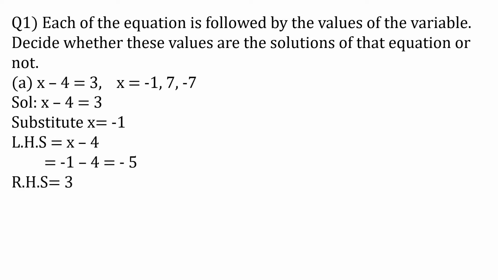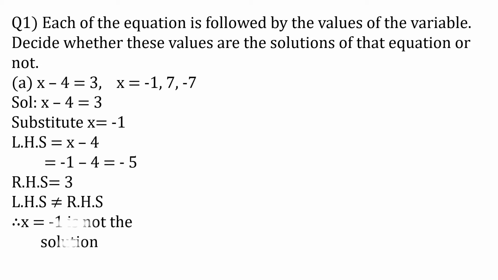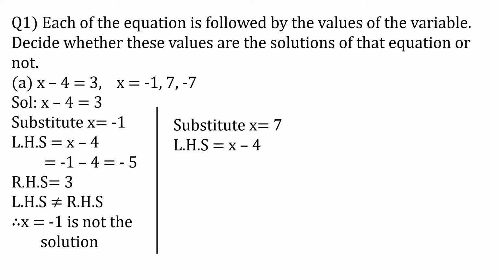Student, your right hand side given is 3. So left hand side is not equal to right hand side. Therefore, x equal to -1 is not the solution. Okay. Now we'll solve for substituting x equal to 7. So left hand side write down expression which is given, that is x minus 4.